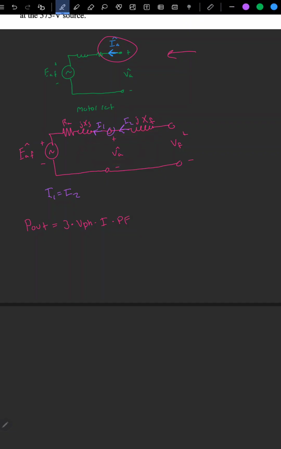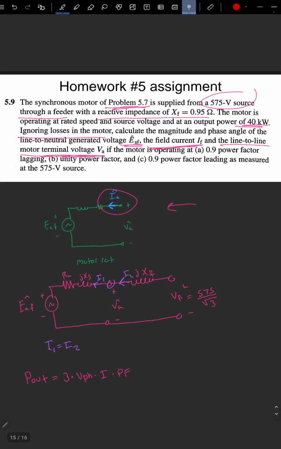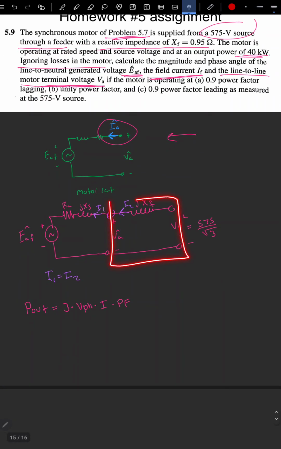The phase voltage is just going to be your VF, because it's saying that the voltage it's outputting is supplied through a 575 volt feeder. So this would be your feeder right here, or technically your feeder branch, and this would be your feeder voltage.